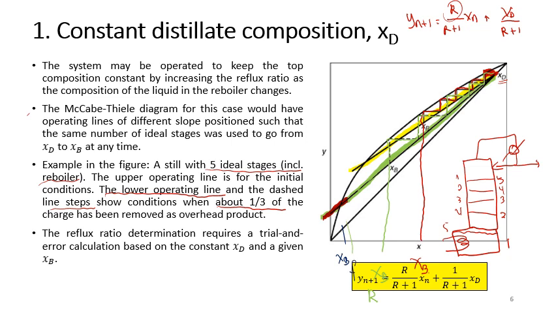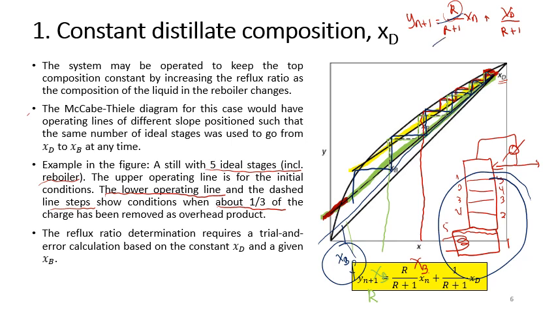So you have to keep on changing the value of R, thus changing the operating line slope and stepping off the stages to get to the value that you want. Just counting how many stages you are given in the column until you get the final value of XB by varying the value of R. So it's a trial and error.